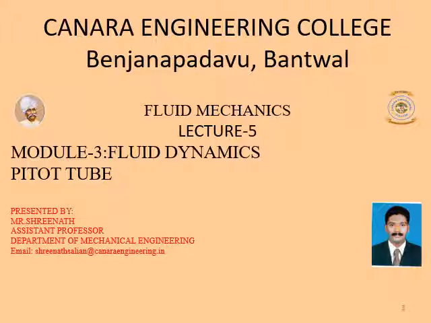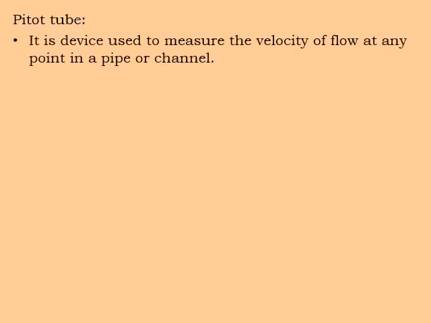So this is lecture number 5 on fluid dynamics topics. In this topic, I am going to discuss the pitot tube. A pitot tube is a device used to measure the velocity of flow at any point in a pipe or channel.